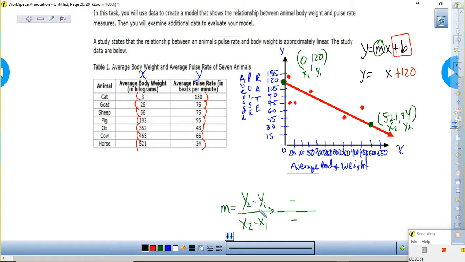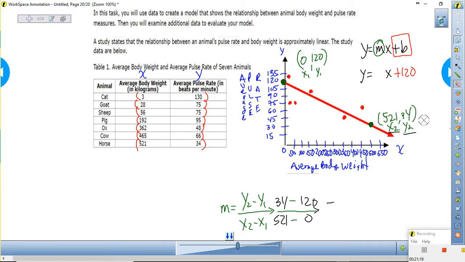Now that I have those values, I'm going to substitute those values in here. Here we go. Y sub 2 is 34. Y sub 1 is 120. X sub 2 is 521, and x sub 1 is 0. Let's see. So 34 minus 120, that's negative 71. Is that correct? 84? 86, okay.